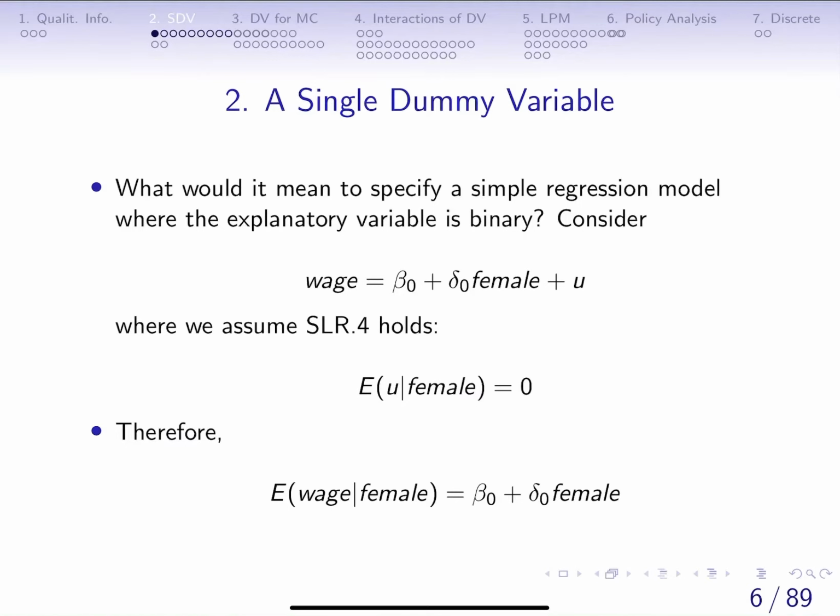In this video, we'll talk about how to incorporate binary information in a regression model and also talk about how to interpret the coefficients. So let's take the simplest example here where we have wage as our dependent variable and binary information on gender captured by this variable female on the right hand side.